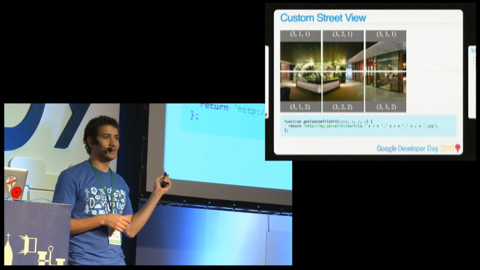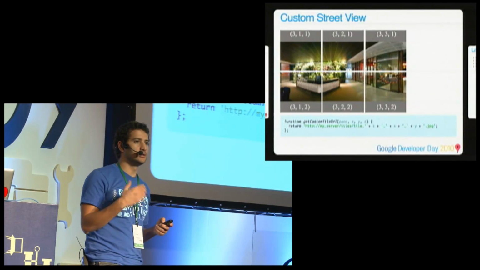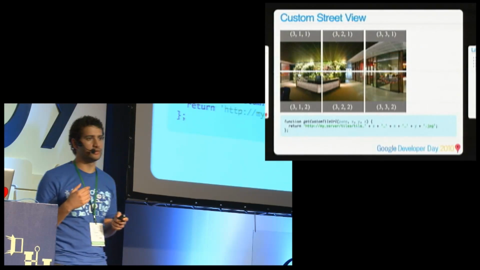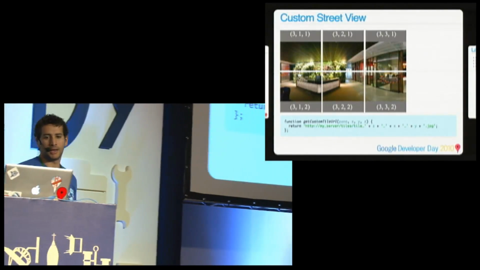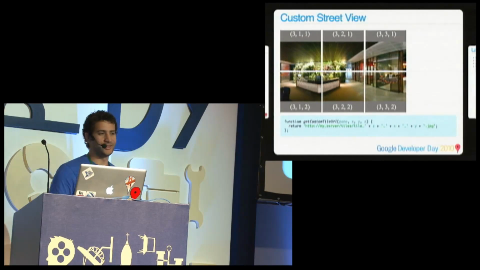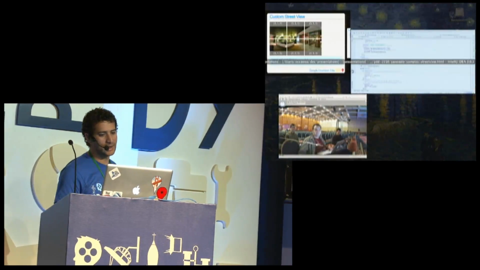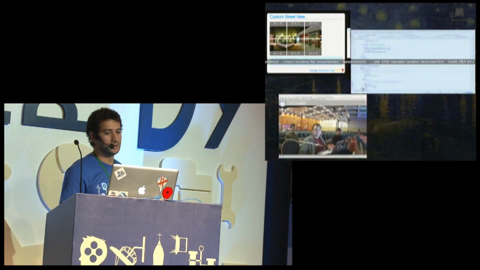This is the right way to do it. You want to tile it because it's a lot easier to load tiles, and then you can have different resolutions at different zoom levels. But if you want to do the quick and dirty thing, which is what I did yesterday, I just took one big image and plastered it into Street View without tiling it, and it works fine.